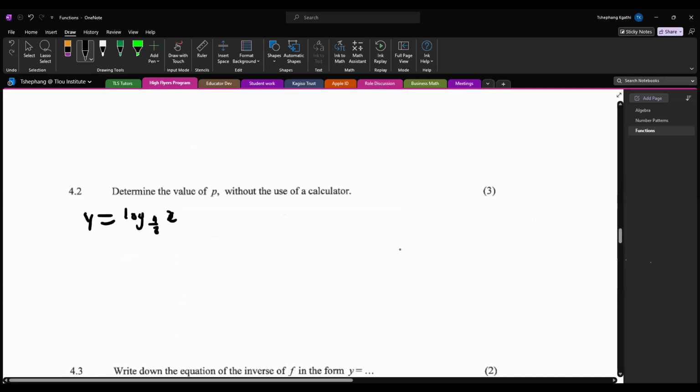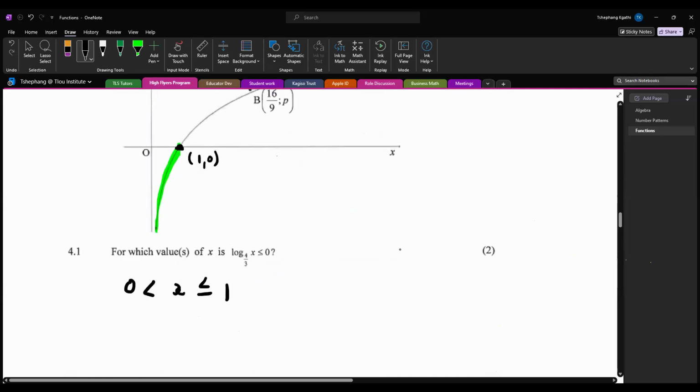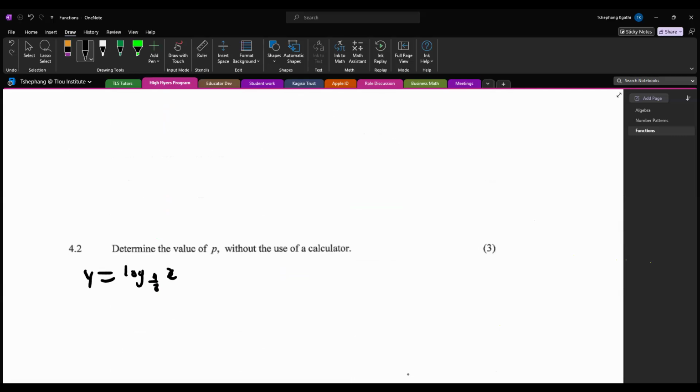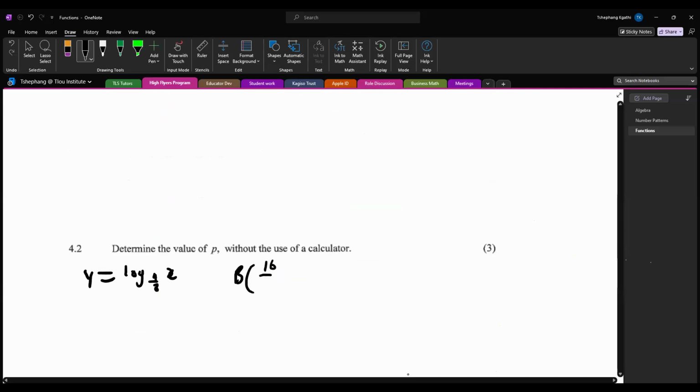All right. Now, let's see what we can do here. So we should be able to substitute because you have the coordinates of B, 16/9 and P. This is the x value, that's the y value. That's the substituting.